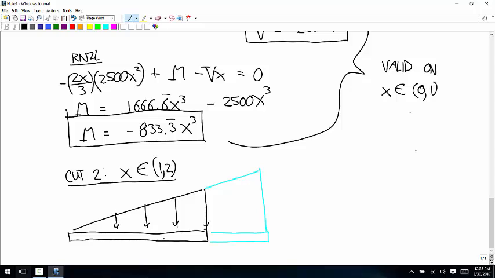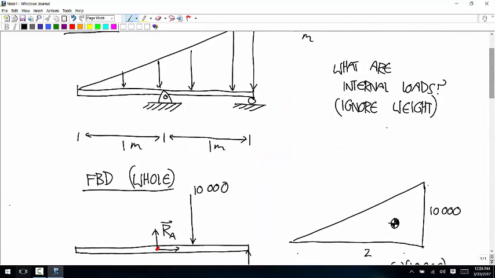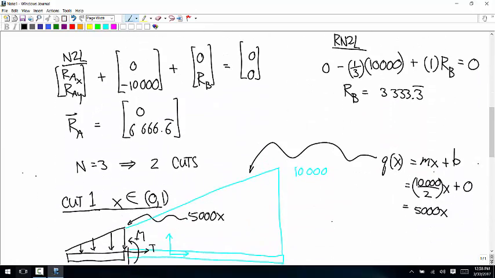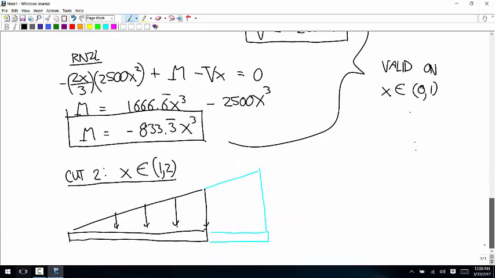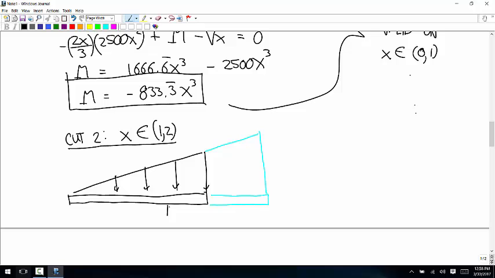Now it also has that force at the midpoint, 6,666 pointing up. So I'll put that here, 6,666.6 repeating. And it has the internal loads, T, V, M.